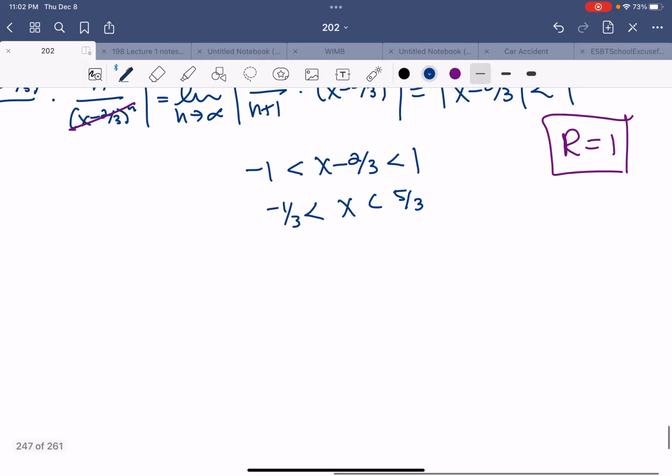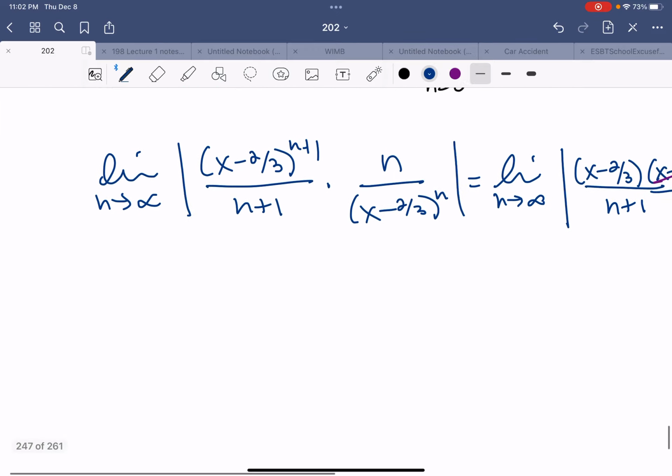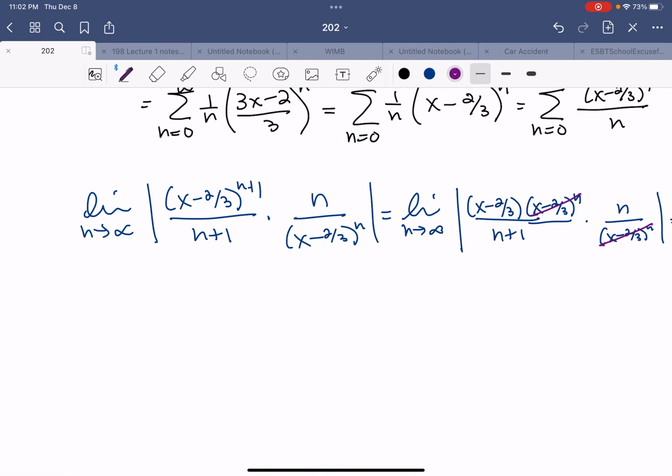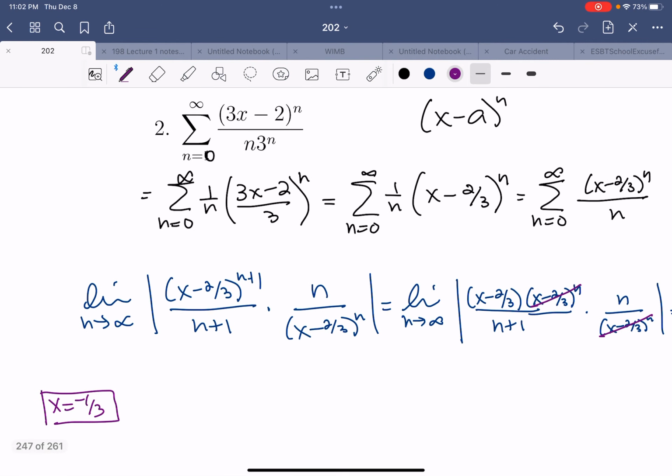Okay, so then what we need to do is check these two endpoints. So let me go all the way over here and say, okay, what if x is negative 1/3? If x is negative 1/3, then I'm plugging that x in to here.